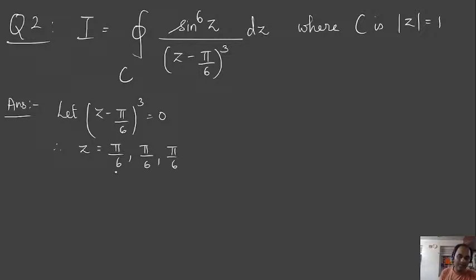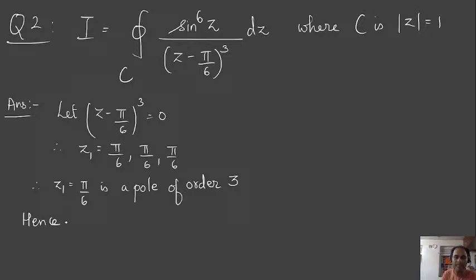We get z1 equal to pi by 6 as a pole of order 3, hence the m value is 3.